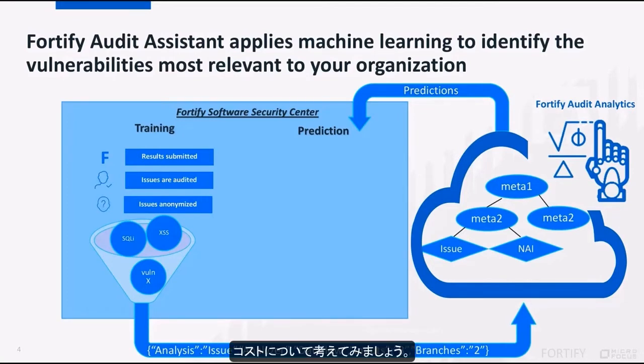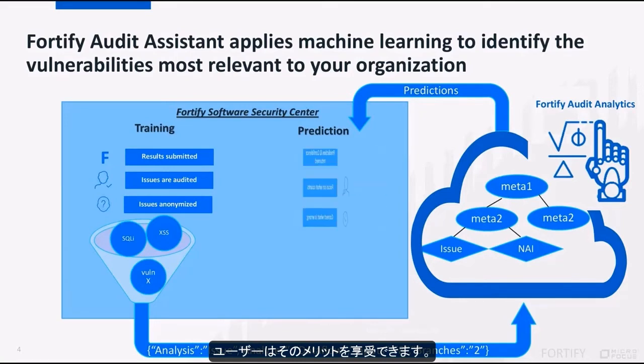When you look at the cost of subject matter experts in this field, they're very limited, they're scarce, they're hard to retain. And so using their knowledge to then extrapolate that and predict future results is a huge advantage that Fortify is bringing to static analysis, and something that you can take advantage of.